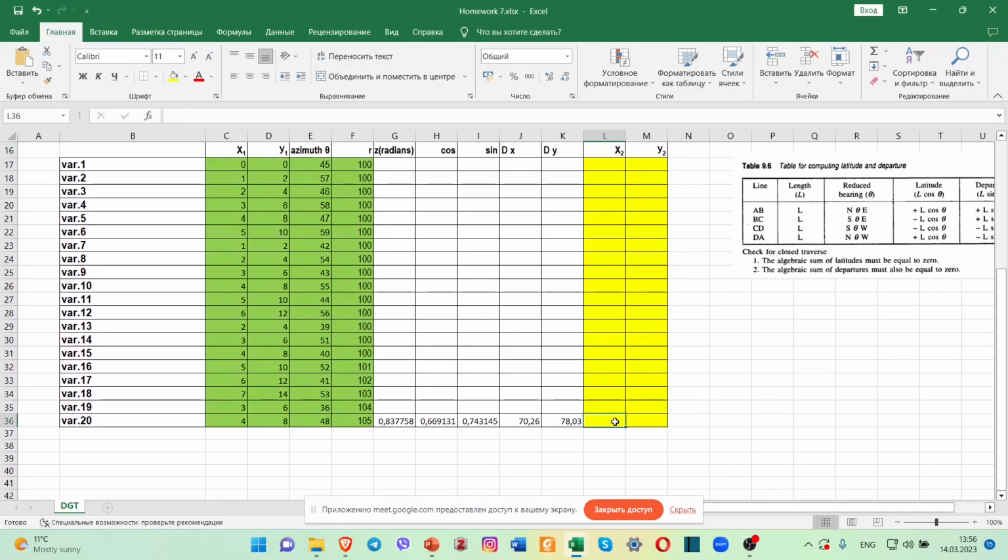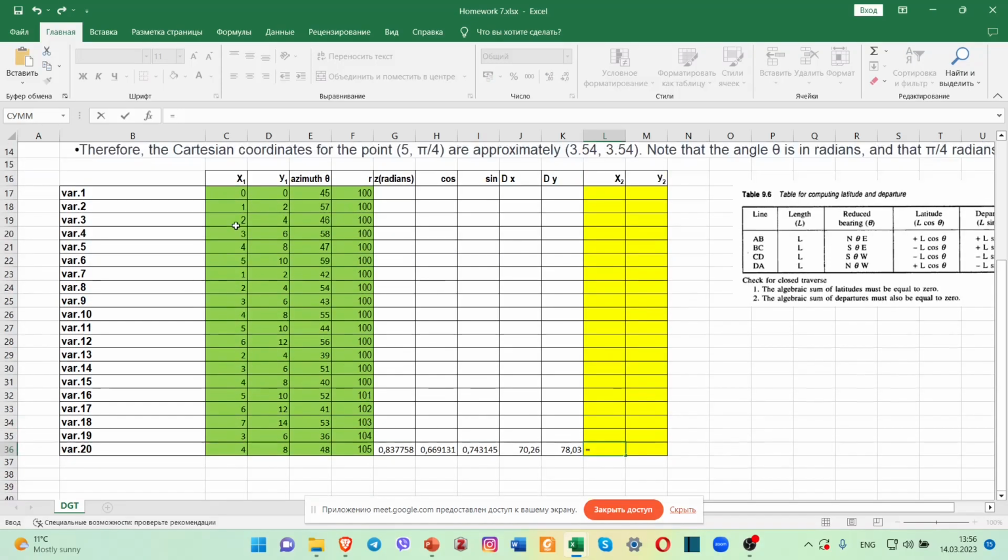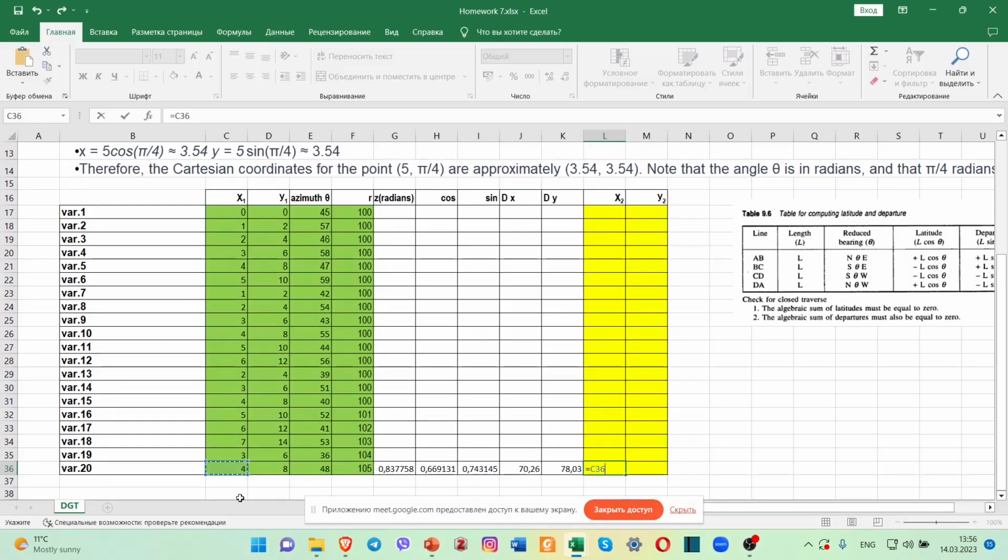We just need x1 coordinate plus the difference of coordinates, enter, and the y coordinate of the first point plus the difference of coordinates.